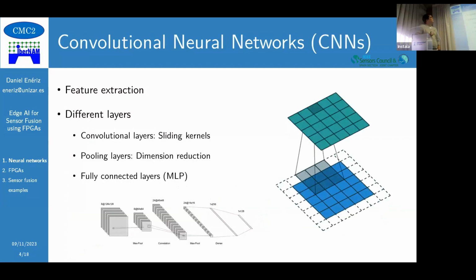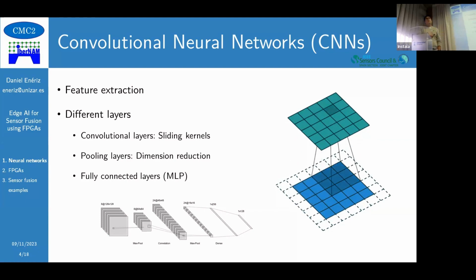The convolutional neural networks, or CNNs, are a little bit more complex architectures, but still really basic ones. In this case, the input can be multidimensional, and you can find different layers. For example, the convolutional layers, which are the most common layers in this kind of architecture, slide weight kernels across the inputs, generating each of the elements in the output.